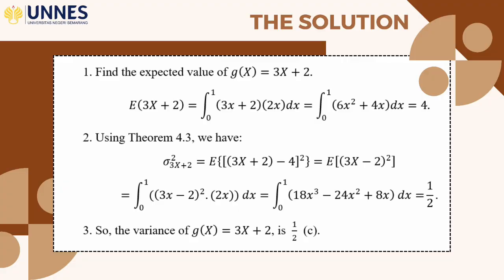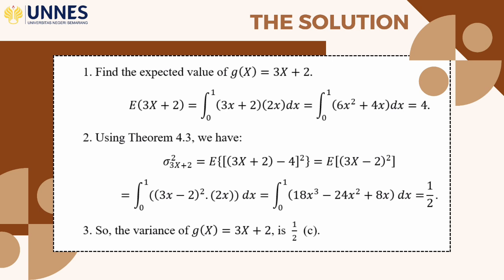First, we must find the expected value of g(x) equal 3x plus 2. So the formula is E[3x plus 2] equal integral from 0 until 1 of (3x plus 2) times 2x dx. So 3x plus 2 from g(x) and 2x from f(x) dx.